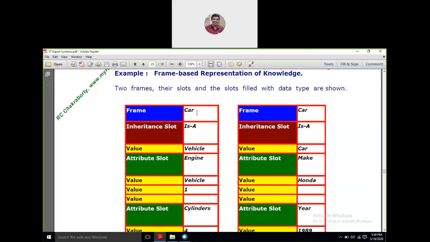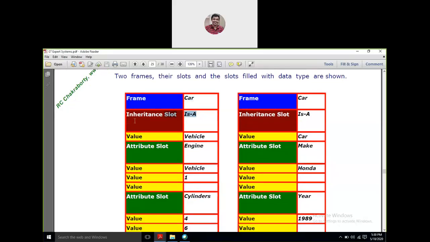Now the frame car carries a representation of an inheritance slot. That means the vehicle has got a value. Then the engine has got an attribute slot. They have particular values, like the vehicle and its values, how many numbers there are, the cardinality of it. Then the cylinder is again another attribute slot.